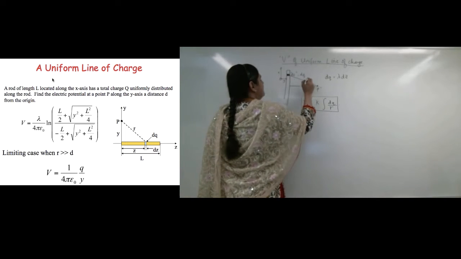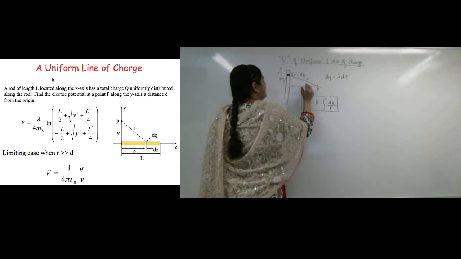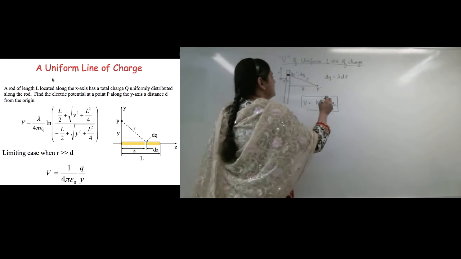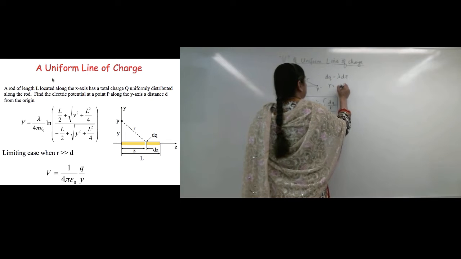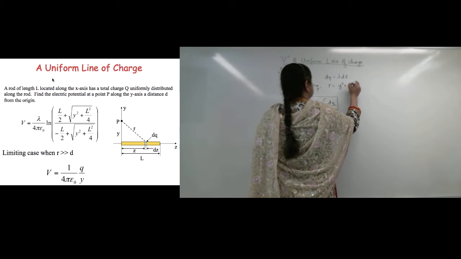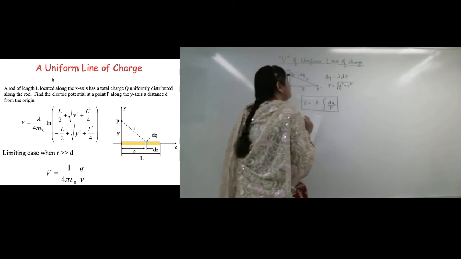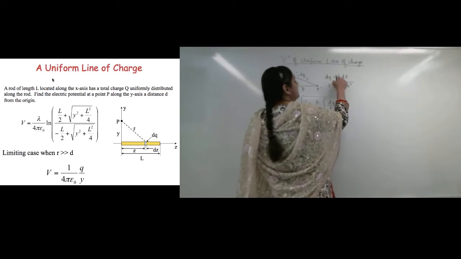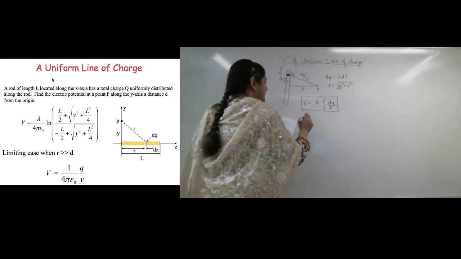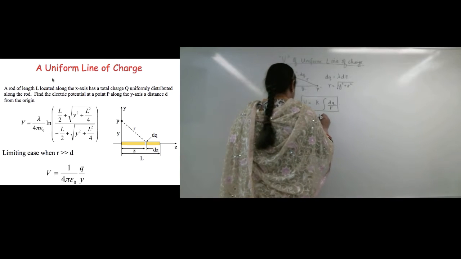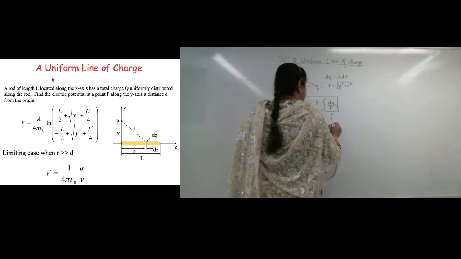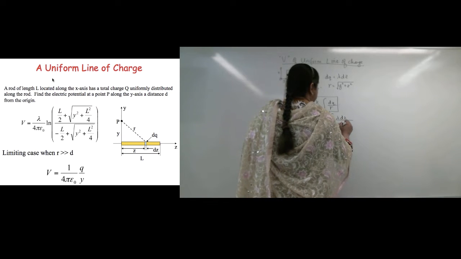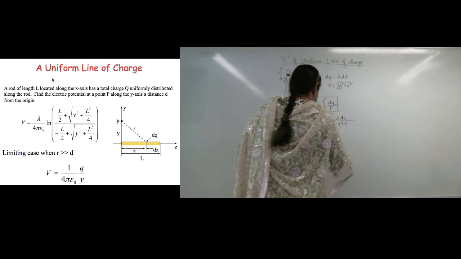I know that R depends on y and z, so R will equal the square root of y squared plus z squared. And dq will equal lambda dz, where lambda is the charge density. So this is now going to become k lambda dz over the square root of y squared plus z squared.